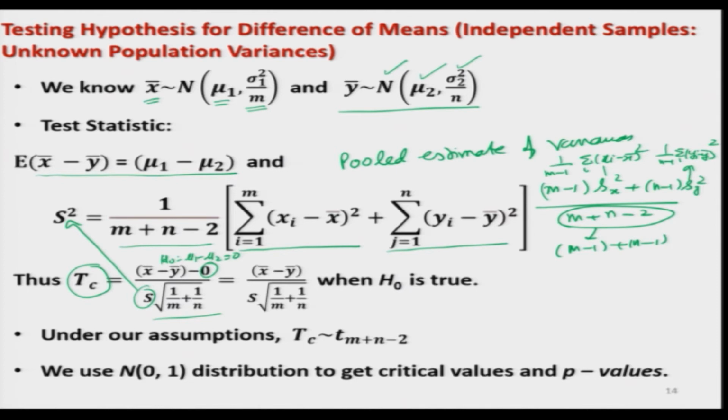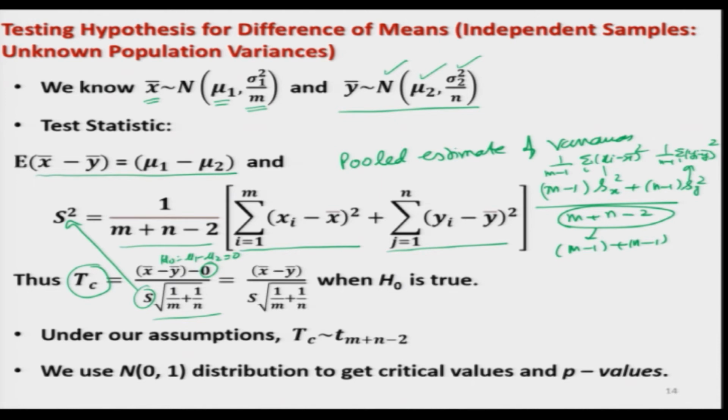Now, using this pooled estimator of variance, we can define the statistic TC. That is simply x bar minus y bar minus 0, and this 0 is coming because H naught says mu 1 minus mu 2 is equal to 0. If you want to do it otherwise, as we discussed earlier, you can also take it as D, and then conduct the relevant test of hypothesis.